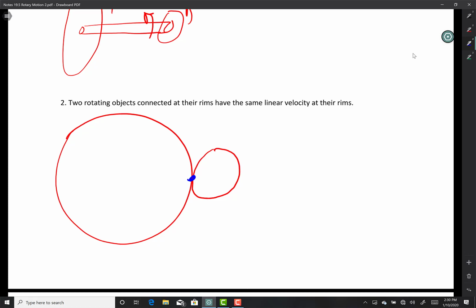Whatever distance this is traveling, this is traveling the same distance. Notice I said distance, not rotation. So if this is going 10 centimeters per second, then this little guy is going 10 centimeters per second. Same linear velocity, but the angular velocity is different. If this guy does one revolution, this guy's doing a whole bunch more than one. That makes sense. Cool or not cool?